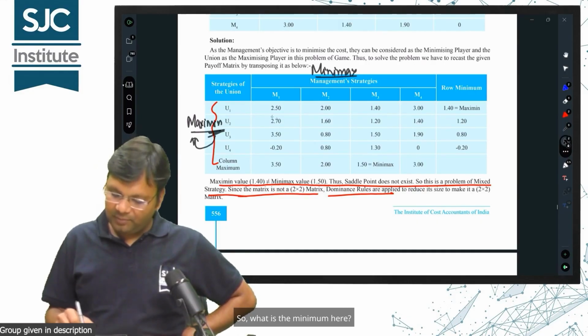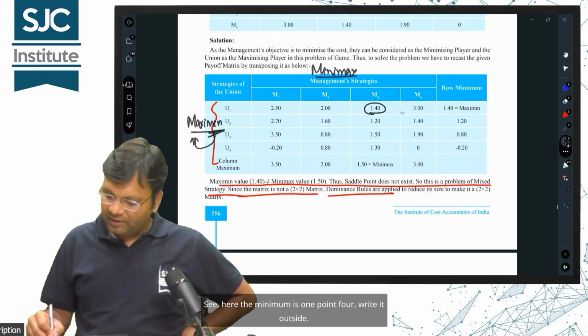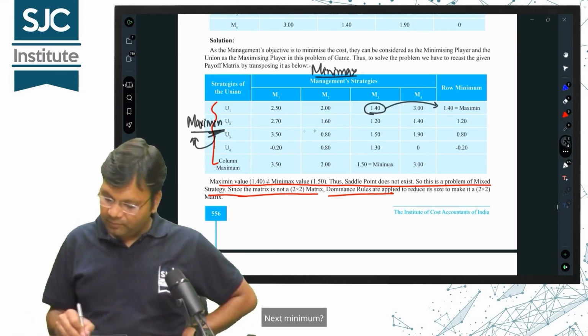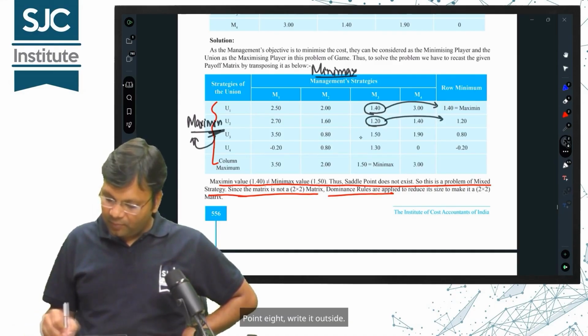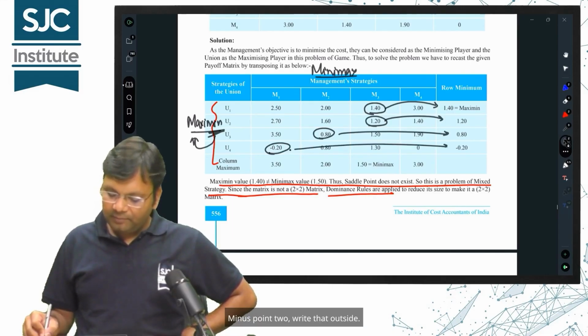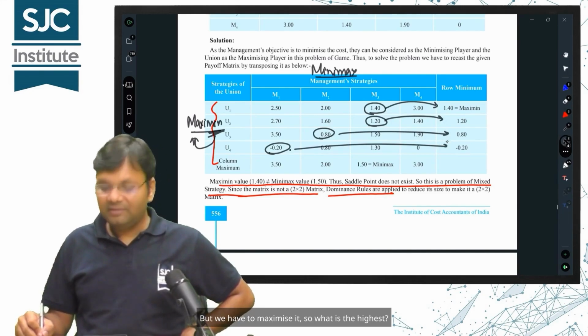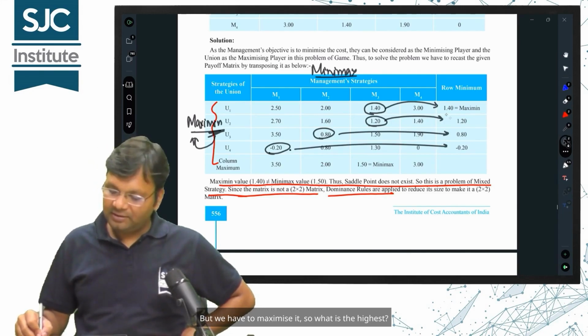So, what is the minimum here? See, here the minimum is 1.4, write it outside. Next minimum, 1.2, write it outside. Next minimum, 0.8, write it outside. Next minimum, minus 0.2, write that outside. But we have to maximize it, so what is the highest?